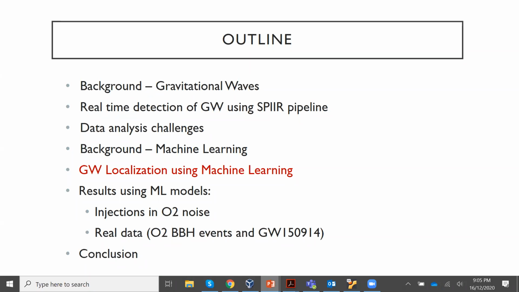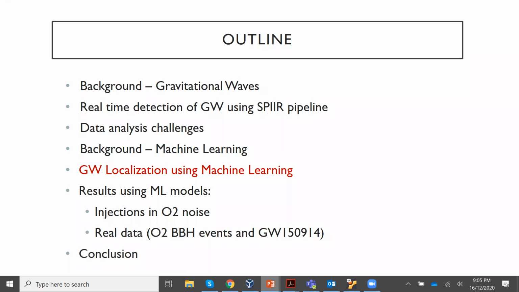And next, I'm going to talk about my PhD project, which is gravitational wave localization using machine learning. I don't actually work on this SPIIR pipeline, but I wanted to talk about it because I think online detection is something that has not been discussed in the gravitational wave context in Presidency.